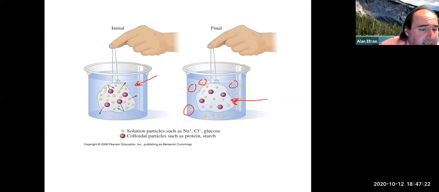Sometimes we want things in a certain pH or a certain environment. For example, with proteins, I could put them in a dialysis bag, put it into a solution, let it sit there, and it will equilibrate to the same pH as in the body, the same environment as in the body, and then you could do your experiment very similar to how it would be done in your body.